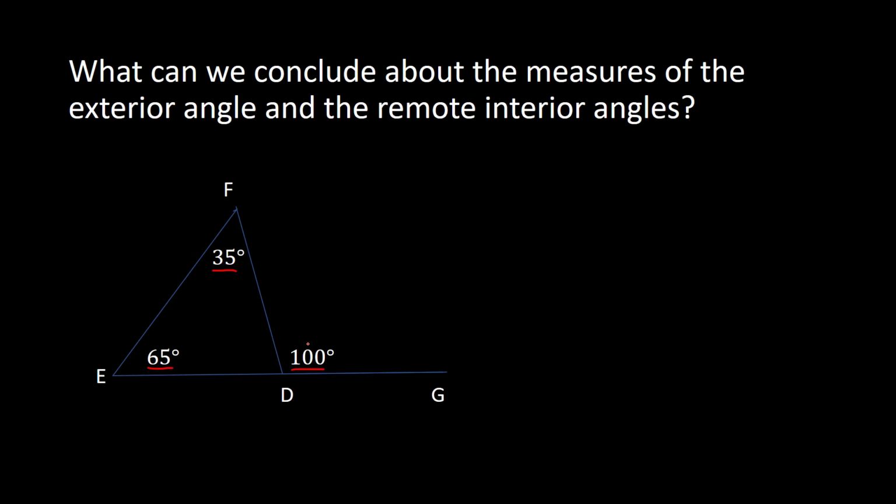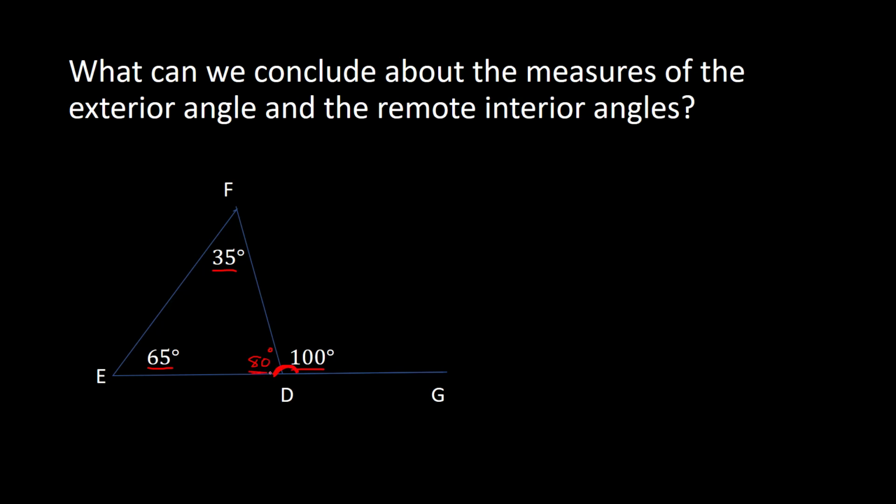And if we think about it logically with this picture, if this angle is 100 degrees, then angle FED we know would have to be 80 degrees because it's going to add up together to give me this line, which a line has 180 degrees.